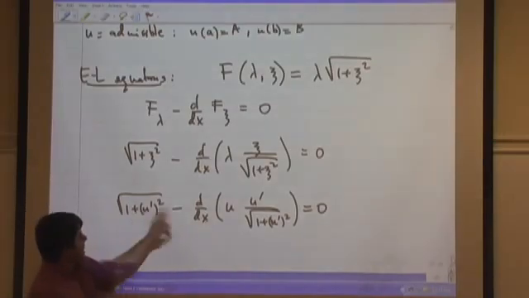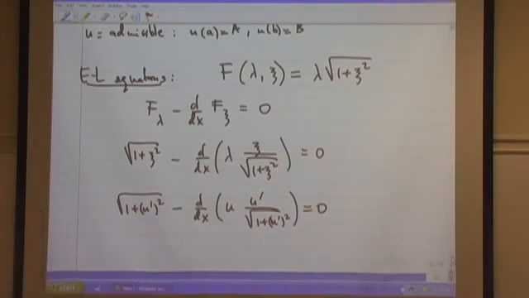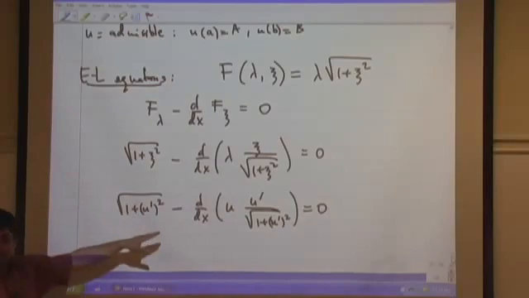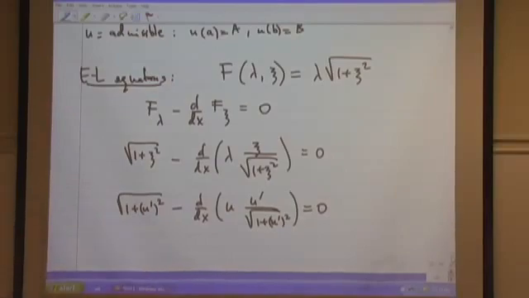But in this case, if we multiply by u prime, we can actually make a perfect derivative, just like earlier today. Since f is independent of x, it only depends on u and u prime, or lambda and xi.